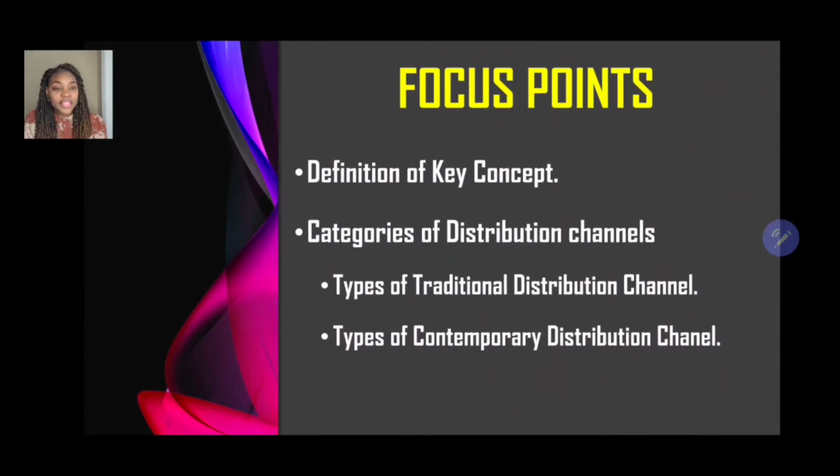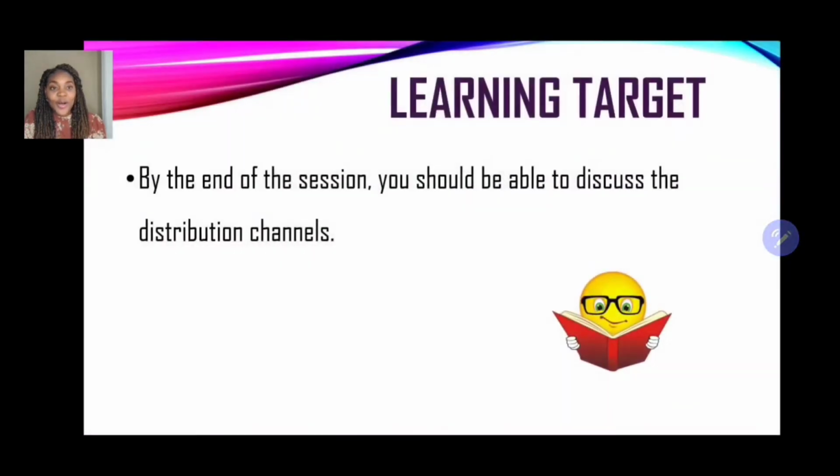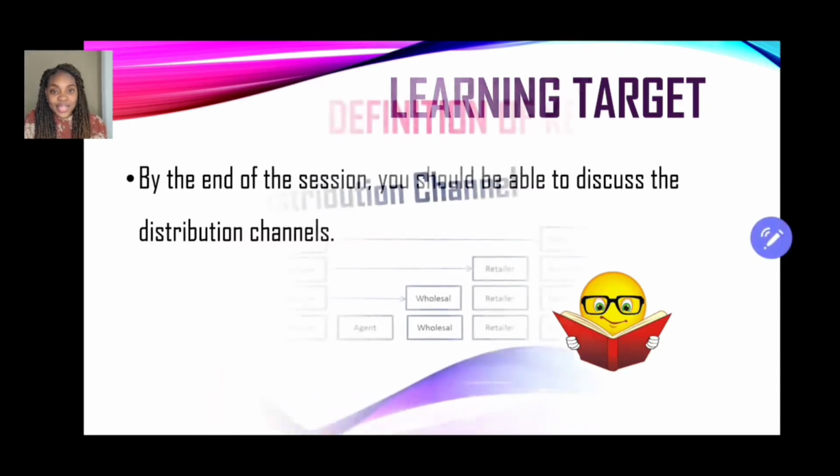We'll also be exploring the categories of distribution channels. We're going to look at types of traditional distribution channels and also types of contemporary distribution channels. Now, your learning target by the end of this session: you should be able to discuss the distribution channels.